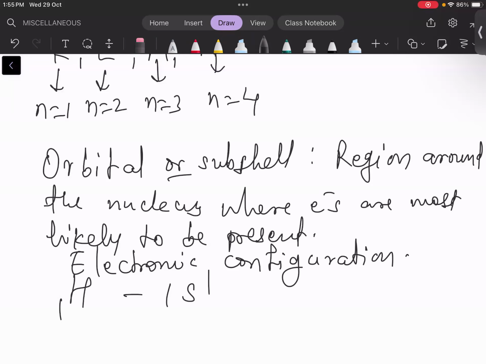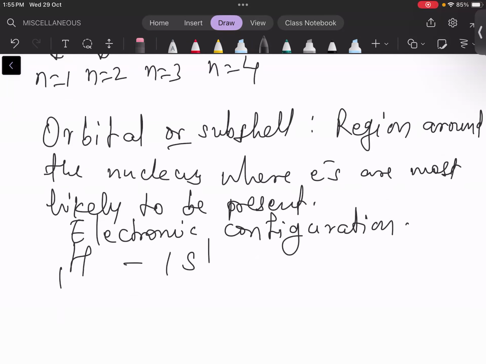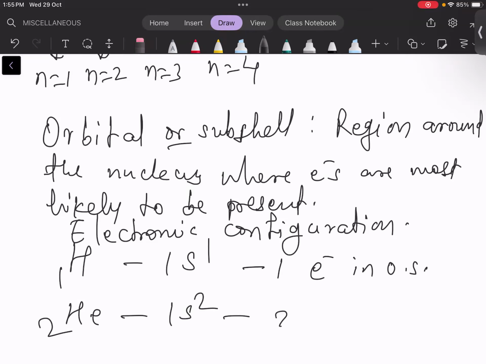Shells means 1, 2, 3, 4, etc. Subshells means s, p, d, f, etc. Hydrogen electronic configuration is 1s1. This indicates hydrogen consists of one electron in outermost shell. Then helium 2, so it is 1s2. This indicates there are 2 electrons in outermost shell.